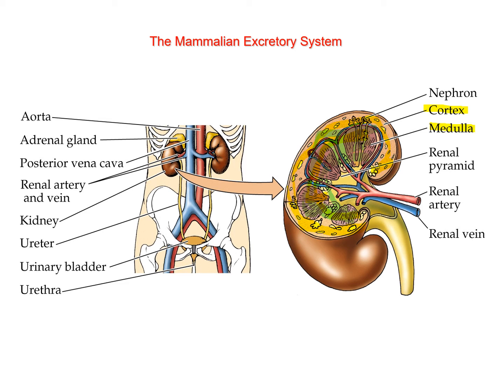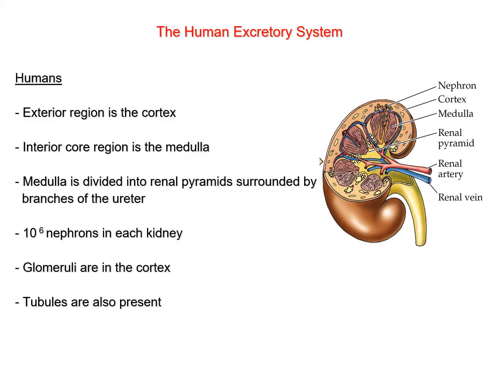There are these pyramid shaped structures. In 2 dimensions they look like a triangle, but they're actually pyramidal in shape. They're the renal pyramids. Renal artery supplies blood into the kidney and the renal vein drains it out. Okay, so the outer cortex, the inner medulla, you have renal pyramids.